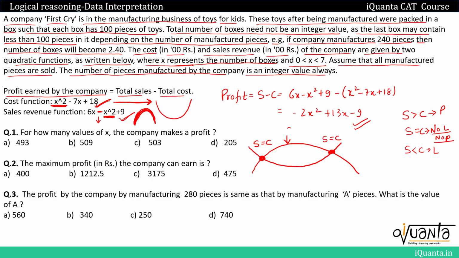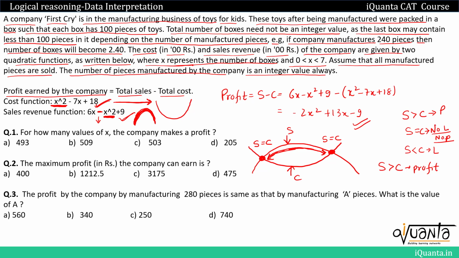We know that this graph is for sales, this is for cost. So whenever sales is greater than cost, we have a profit. Now if you carefully look, from here to this point, the sales function is greater than the cost function. So between these two points, we are in profit.